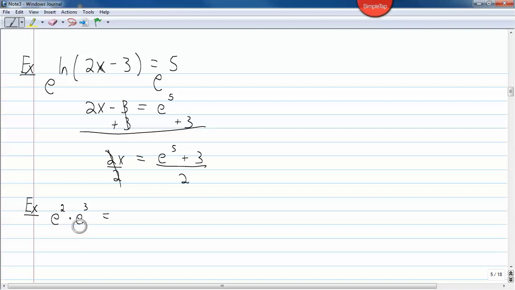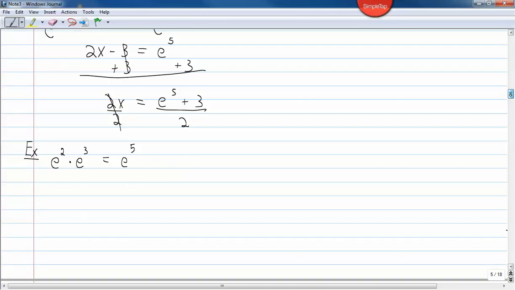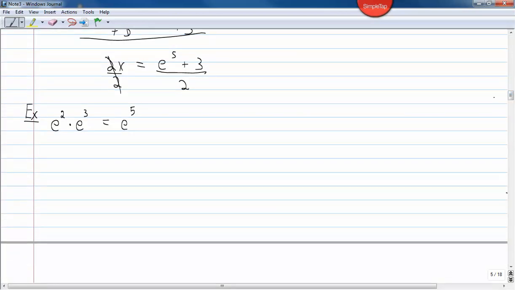So remember, that's the same base, so if you ever run into something like this, then you just do what? Add the powers. So it's going to be equal to e to the fifth power. Same base, add the powers if you're multiplying.